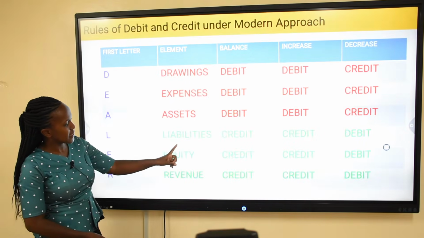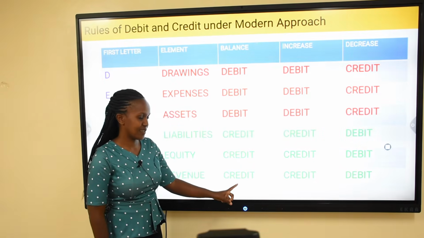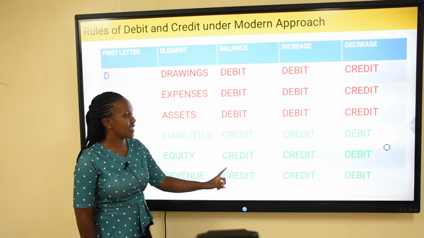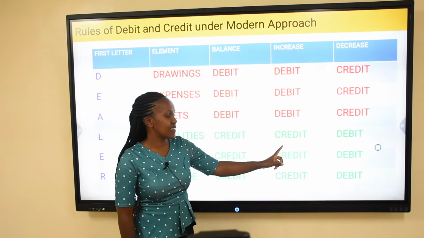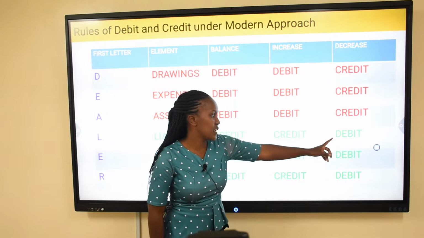For liabilities, equity, and revenue, their balances are credited. So they start with credit balances. For an increase in the three, you credit, and any decrease, you debit.